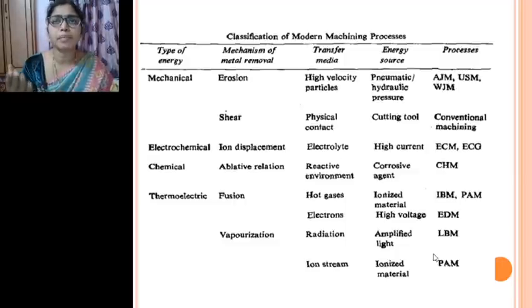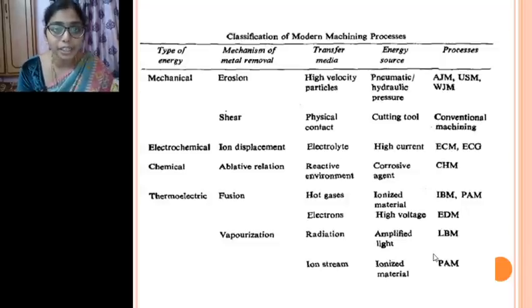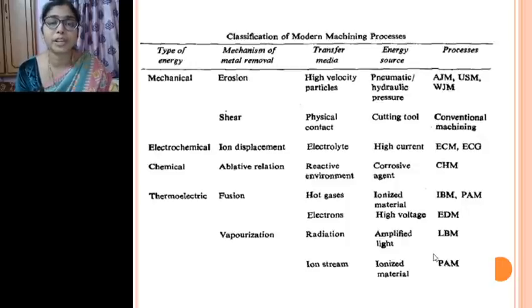For example, if you take a normal tube light and a laser light, the difference is that in a tube light the rays are multidirectional, whereas in a laser light the rays are unidirectional with the same wavelength. The rays will be coming out with the same wavelength. So that is the reason it is unidirectional and highly concentrated.